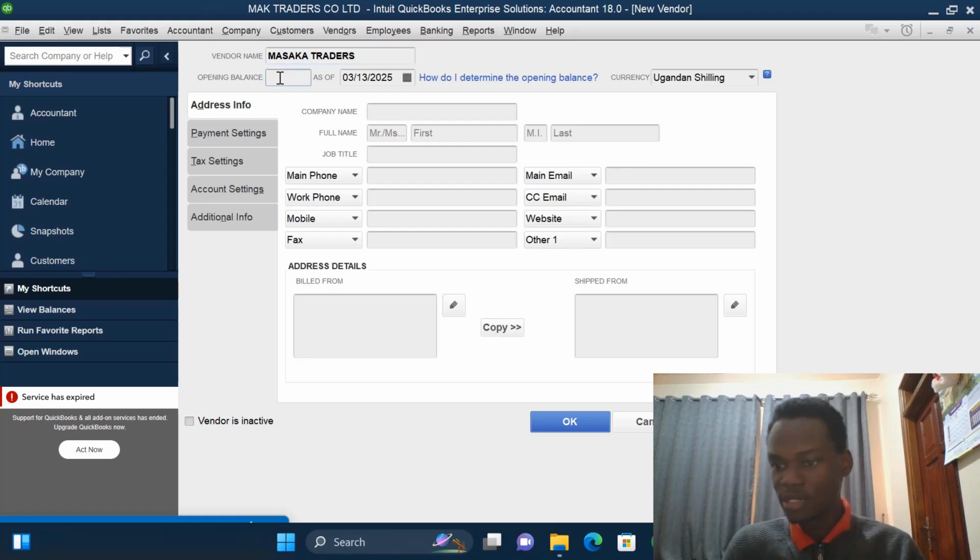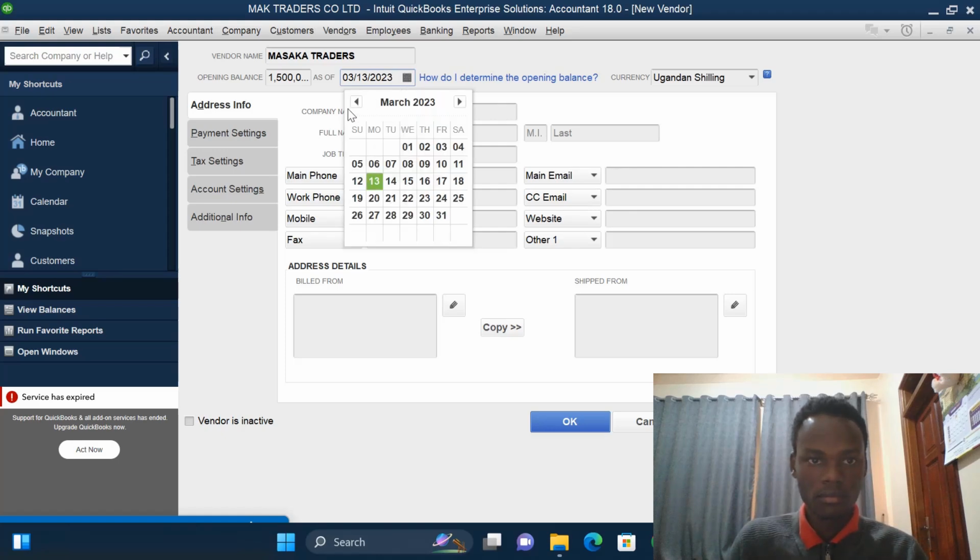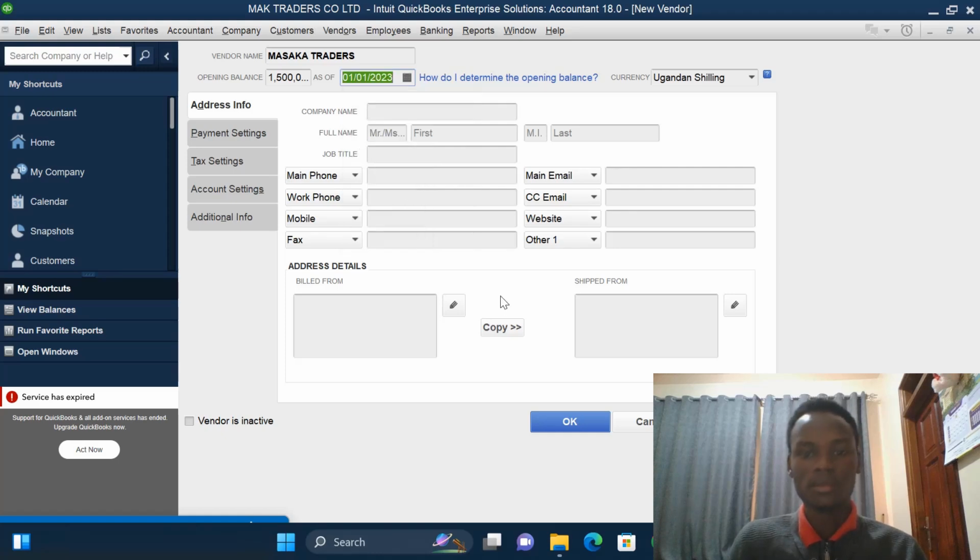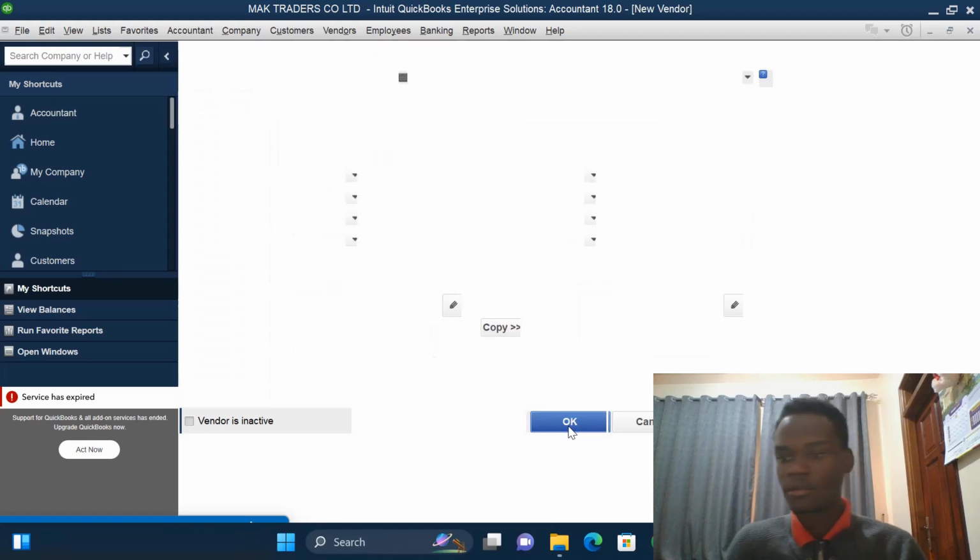The opening balance for Masaka Traders is 1,500,000. And the date, 1st January 2023.